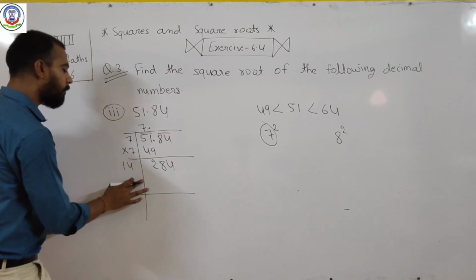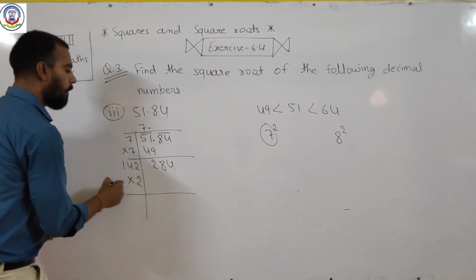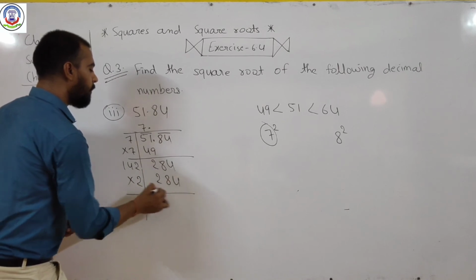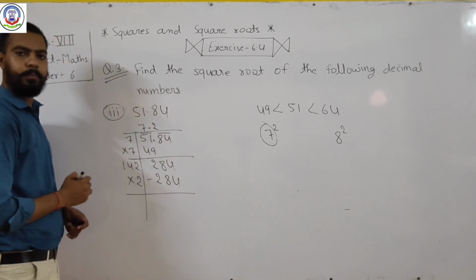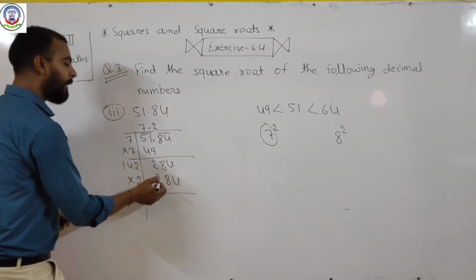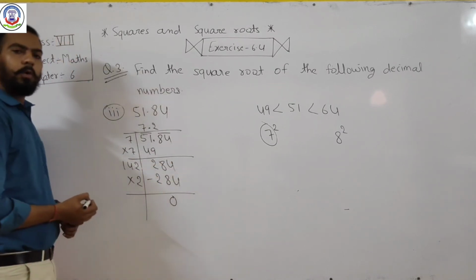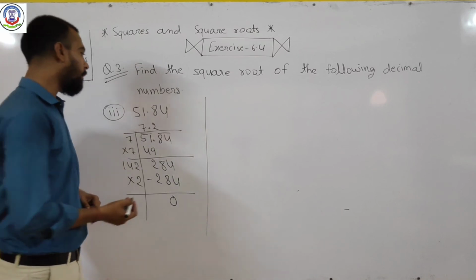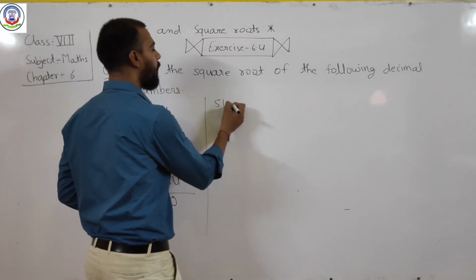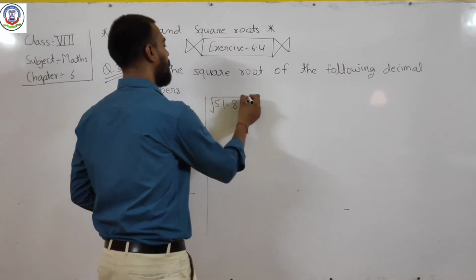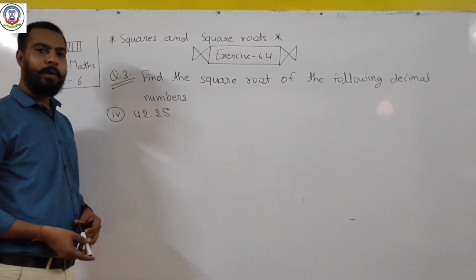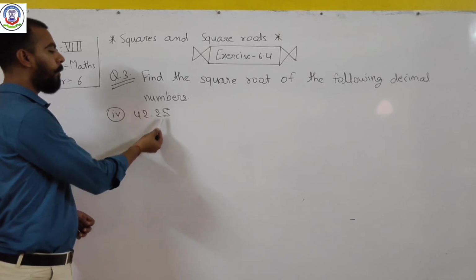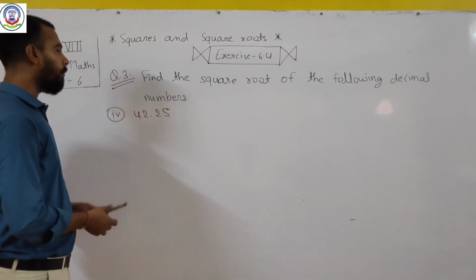So I will write 2 here and it will be 284, and we have to write 2 here. 284 minus 284 will be 0. That means the square root of 51.84 will be 7.2.